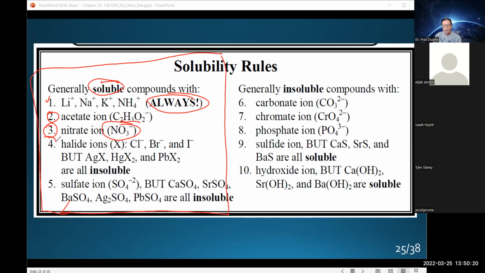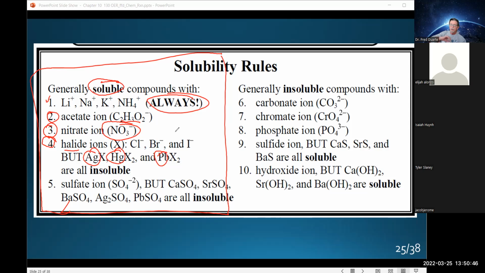Number four, the halides, group 7: the chloride, the bromide, and the iodide. Any metal halide that those three are attached to normally is 100% soluble, except, and repeat, except when those halides are bonded to silver, mercury, or lead, okay?